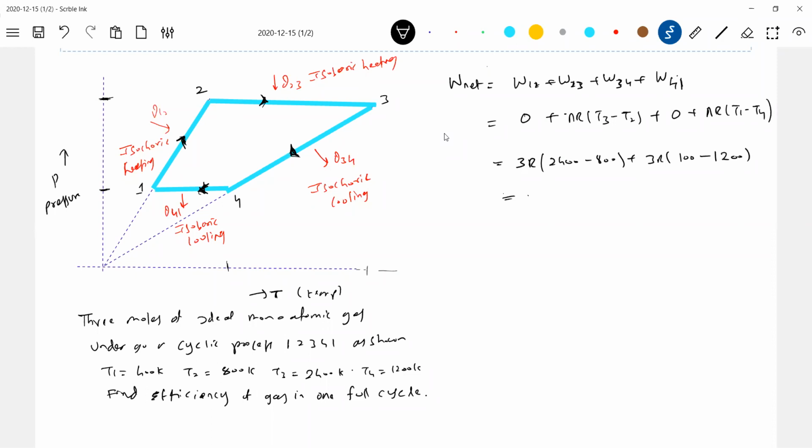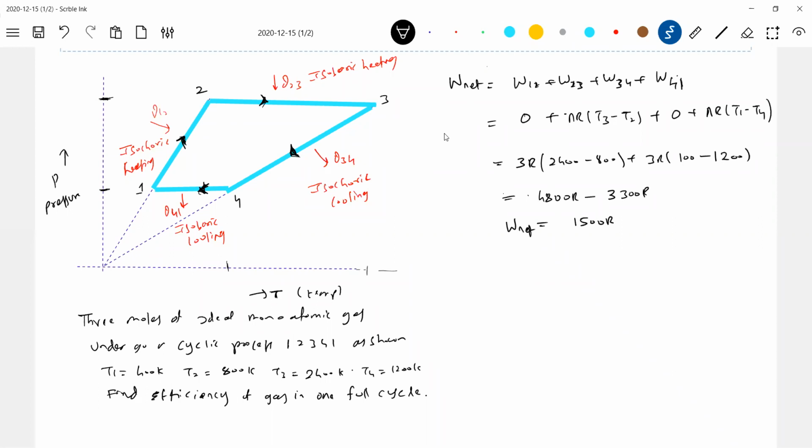Okay, 16 into 3, 4800R, 1100, 11 minus 3300R, 1500R. Okay, directly we'll get the net work done.